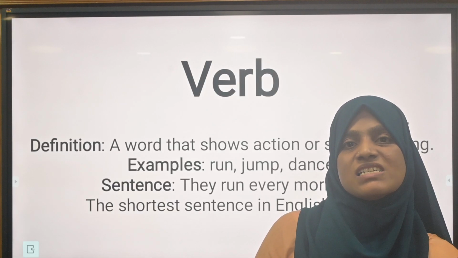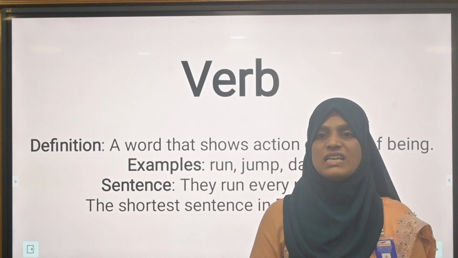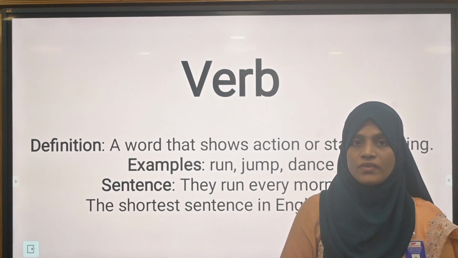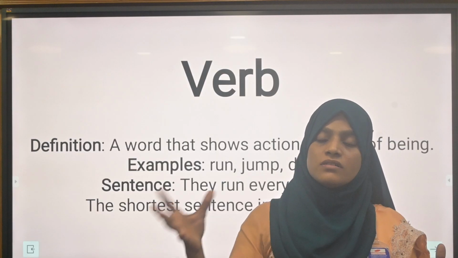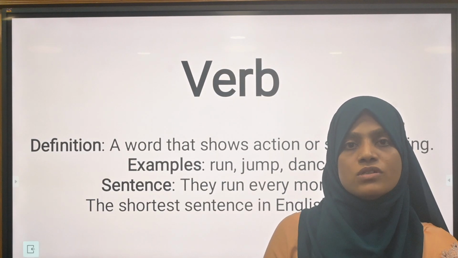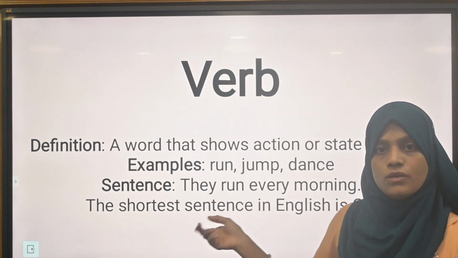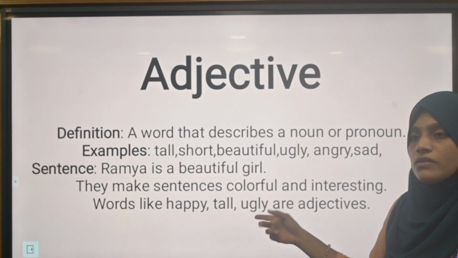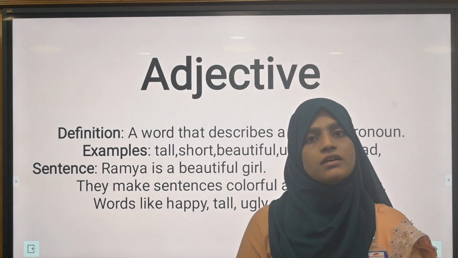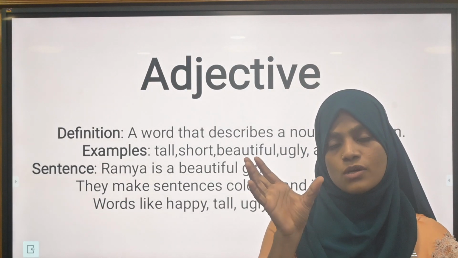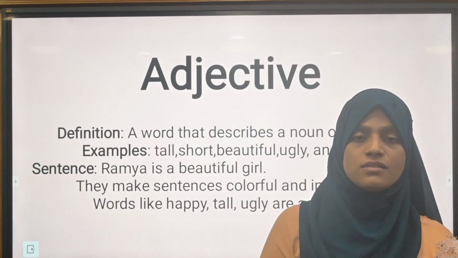Like she is singing, she is writing, he is coming, he is reading. So if you want to describe detail about the noun, we use the verb. This is how the verb works. We can say a short sentence as well as a word: the verb is go. It denotes a word as well as the shortest sentence.